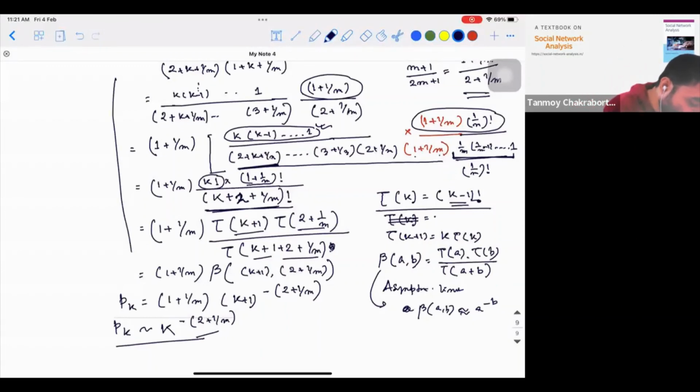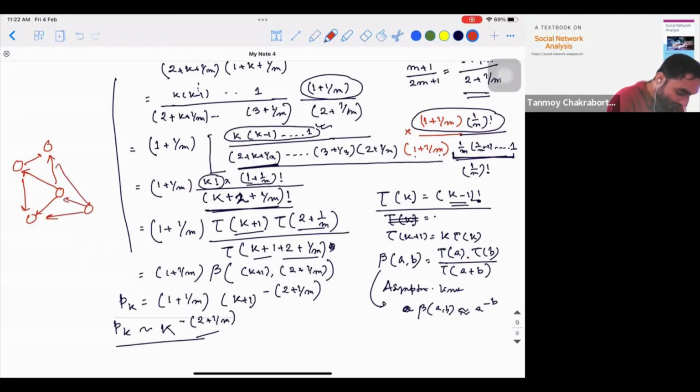The vertex copying model is an interesting model which you can use to explain power law behavior in biological networks, and also the power law behavior of citation networks. It is generic. Let's assume you have an initial network like this.